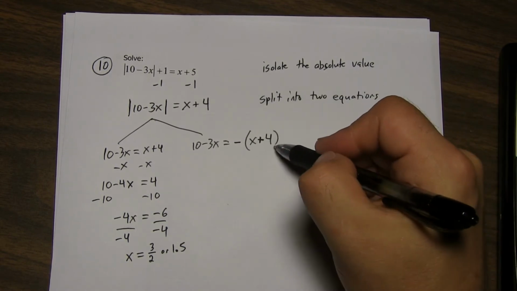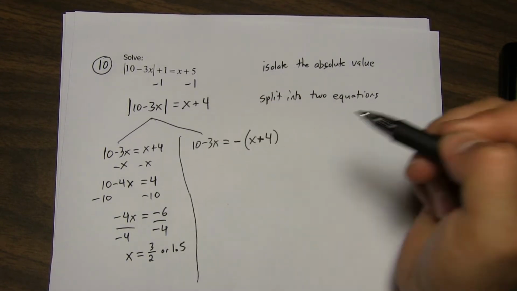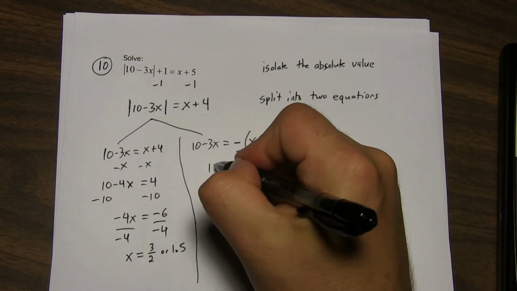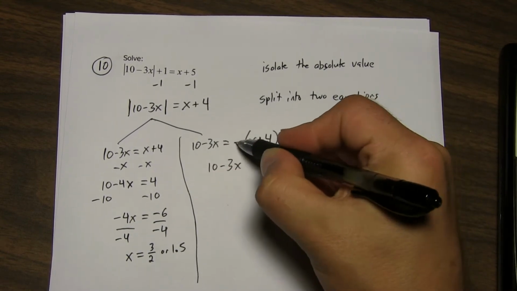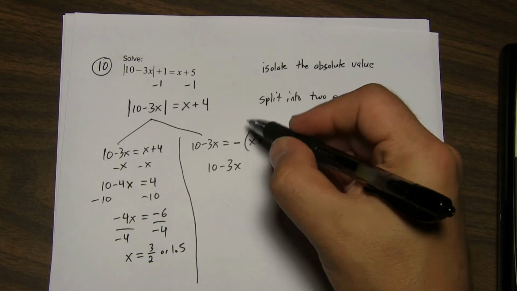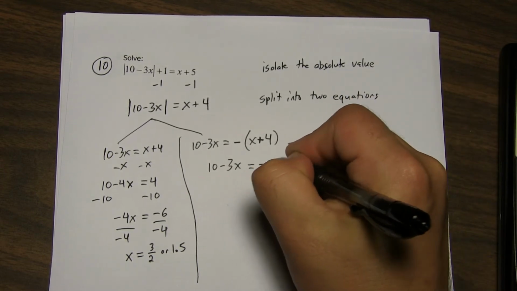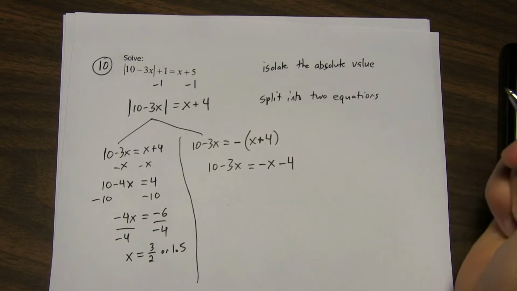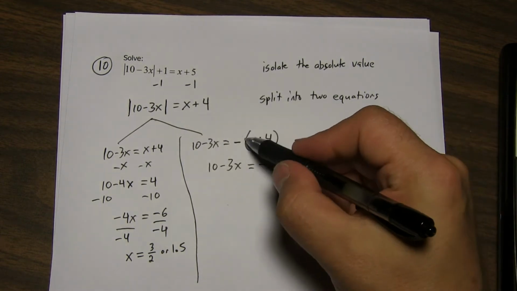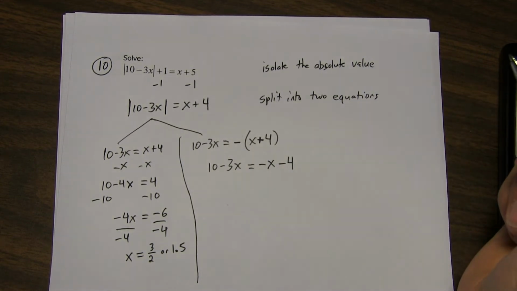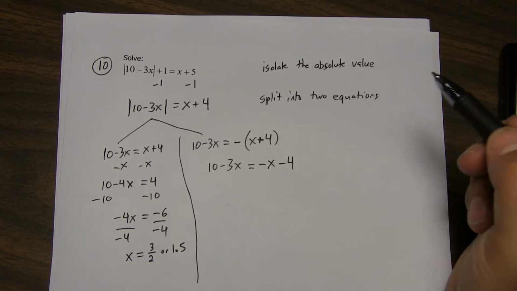All right, let's look at this one. If we distribute this negative, remember this negative is like having a negative 1 out here. So it's negative 1 times x and negative 1 times 4. So that would give us negative x minus 4 when we distribute the negative 1 that's outside there. Now, let's move all the x's to the same side.